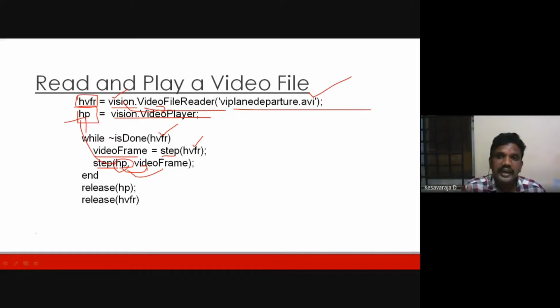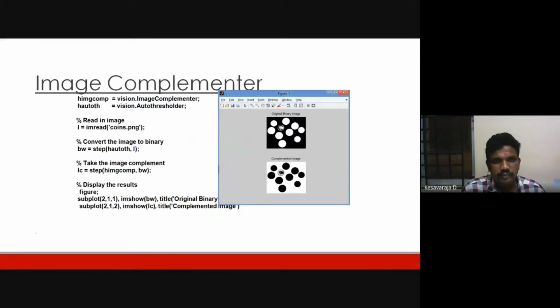So any high definition video can be played via vision.VideoFileReader and vision.VideoPlayer, and then we enter into object detection in 2 lines of code. Just vision.ImageComplementer and vision.AutoThresholder.